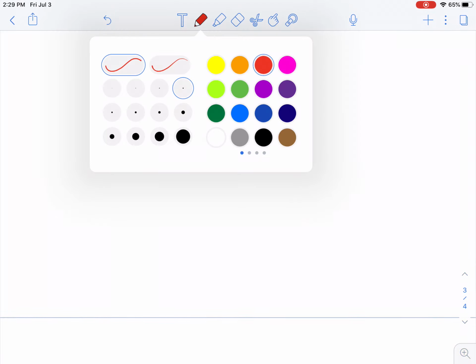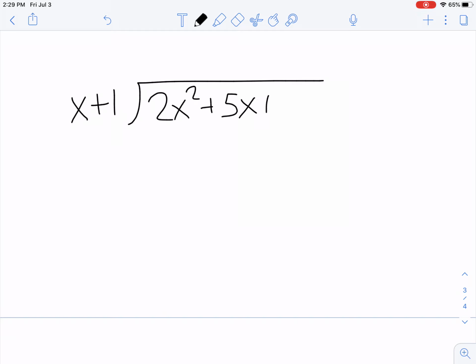Okay, so we're going to do one more together. So this is 2x squared plus 5x plus 3 divided by x plus 1. How many times does x go into 2x squared?